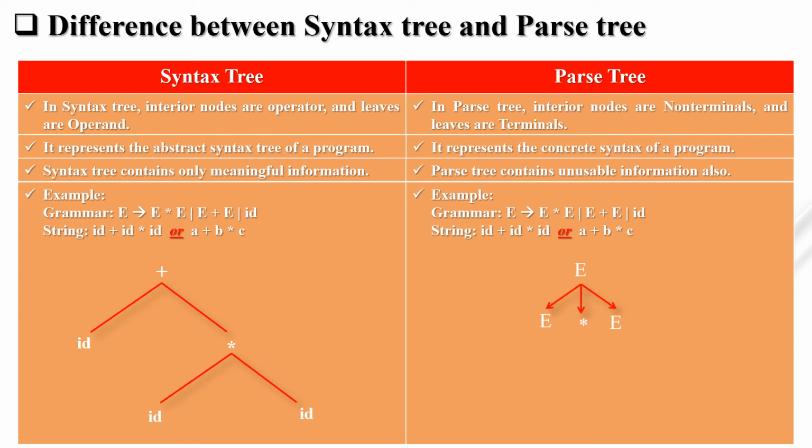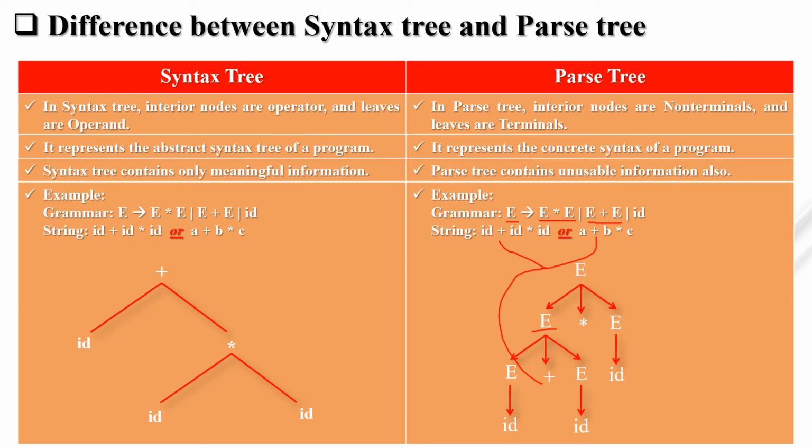Whereas in the parse tree, first this start symbol is expanded by E into E. You can also expand with E plus E, there is no problem. Okay. Then this E will be expanded with E plus E. Why will this E be expanded by E plus E? Because our first operator is plus in the string.